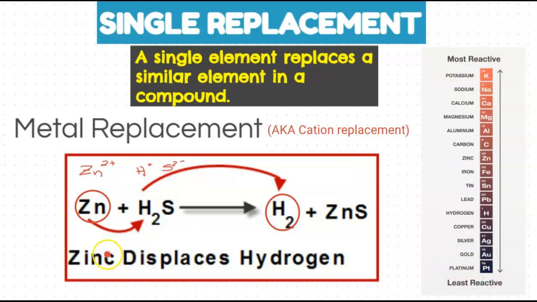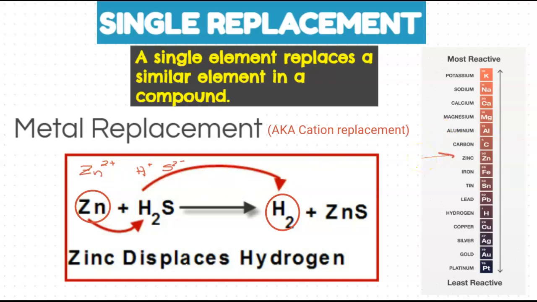When you are doing a single replacement reaction, the least reactive element always winds up alone. So when I look at my zinc and my hydrogen, I want to compare the 2 elements that are most alike by charge. So because I have a +2 and a +1, I compare the 2 pluses.